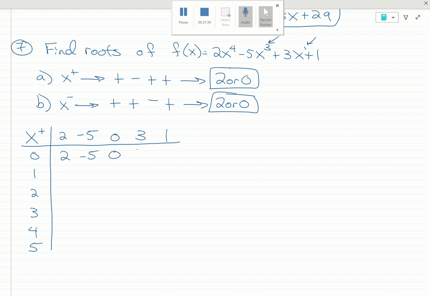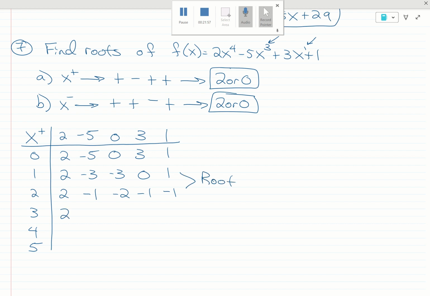So remember, this is just synthetic division. So 2 times 1 is 2, and this is negative 3. And it looks like nothing's going on at 1. We'll do the same thing with 2. This is 4 plus negative 5 is negative 1. This would be negative 2, negative 4, so this is negative 1 and 2. So this is negative 1, and it looks like we have a root right here.